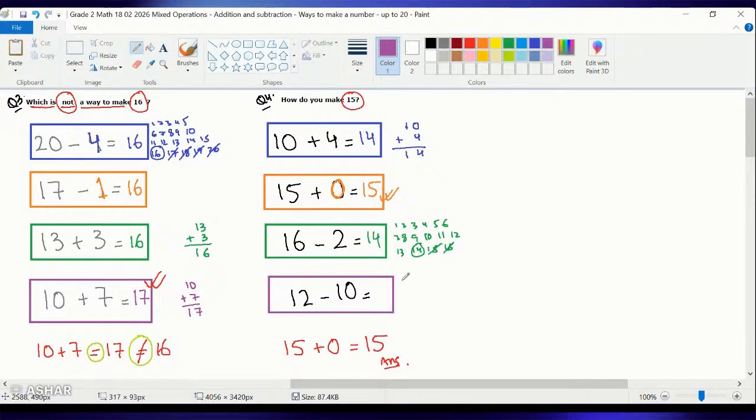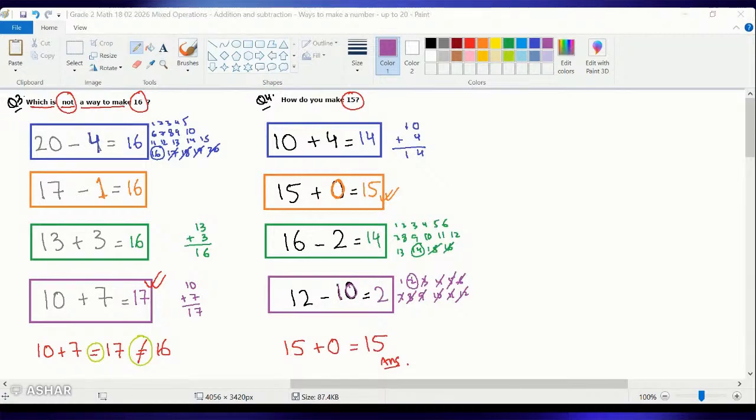If we have the numbers 1, 2, 3, 4, 5, 6, 7, 8, 9, 10, and we subtract 10, we remove 10 numbers, which is not equals to 15. Agreed? So once we find our answer, we do not solve it further. We just say this is our answer, okay?